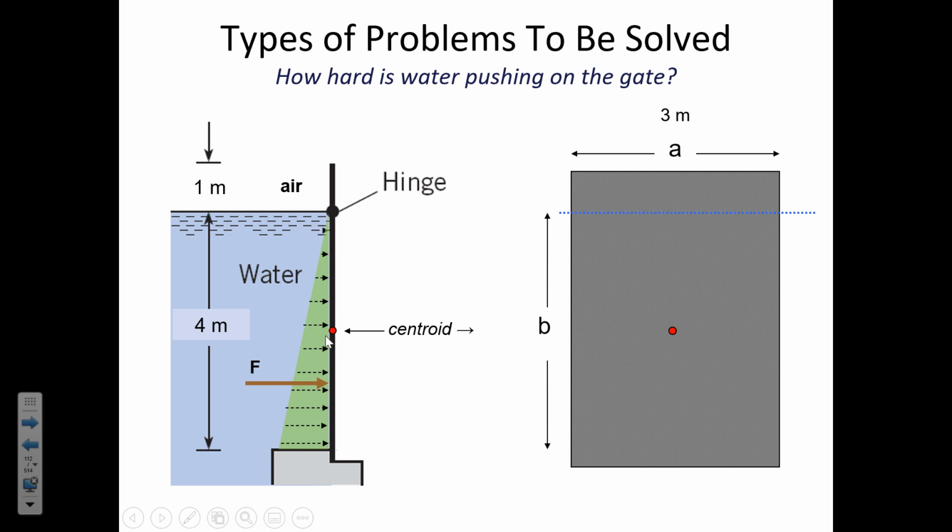So this little red dot here is meant to be the midpoint between the hinge and where the water stops contacting the gate, halfway from the top down towards the bottom is where that center of area is located. Side to side, since this is a rectangle, it's just in the middle. But vertically we have to look at this dimension B, and so 1/2 of B would locate the centroid for us.